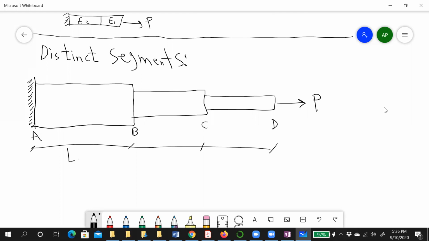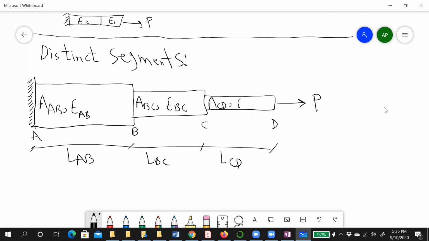This is LAB, LBC, LCD, and the cross sections AB, with its modulus of elasticity, and BC, which has another modulus of elasticity, and ACD.